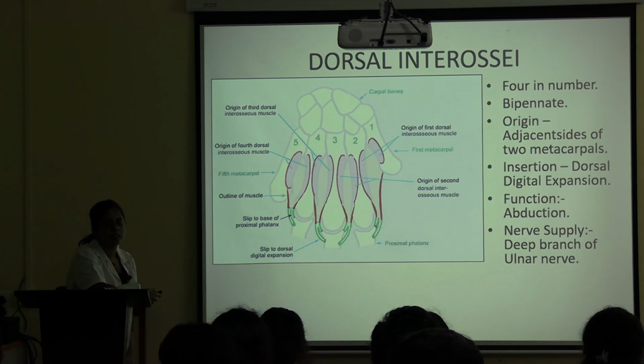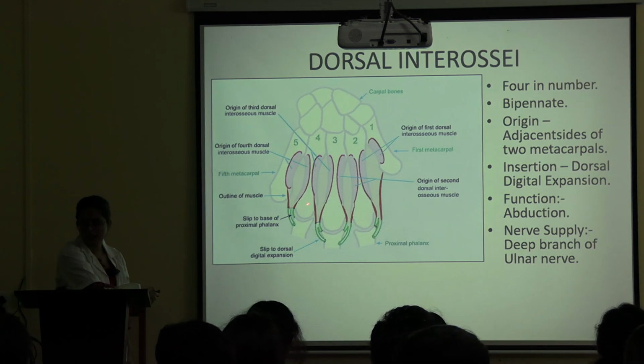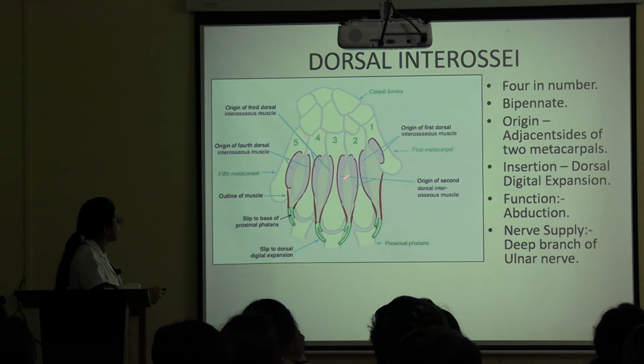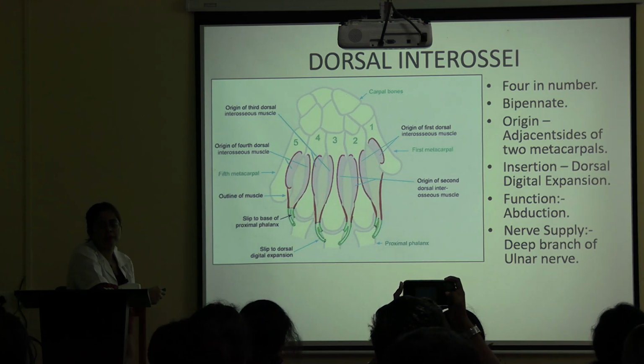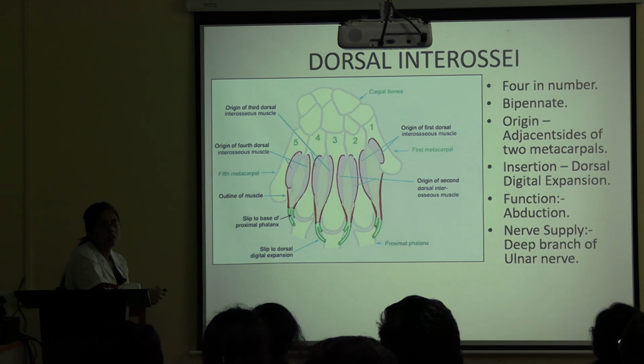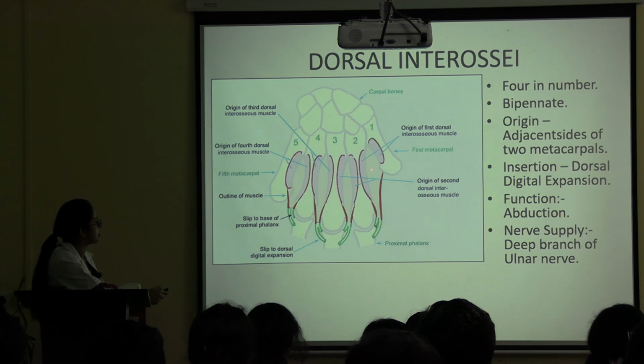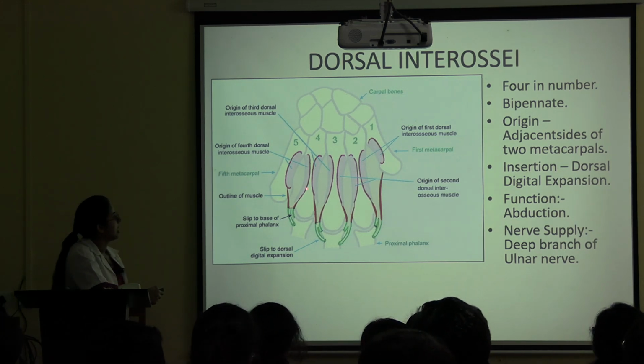Now this is the dorsal interosseous muscle. You can see it is bipennate, as I have told. It originates from the adjacent sides of the metacarpals, counting from the lateral side: first, second, third and fourth.